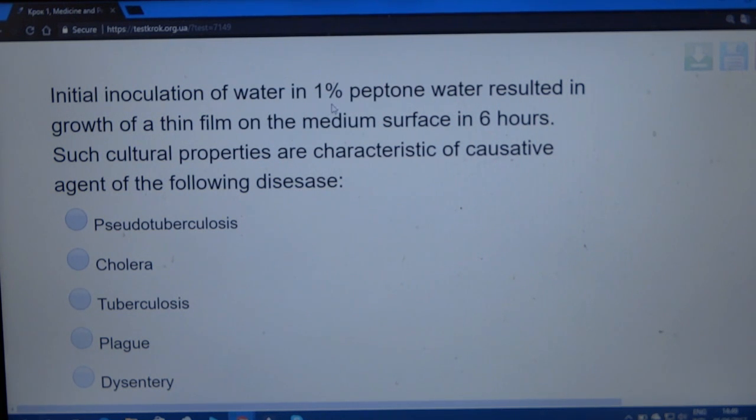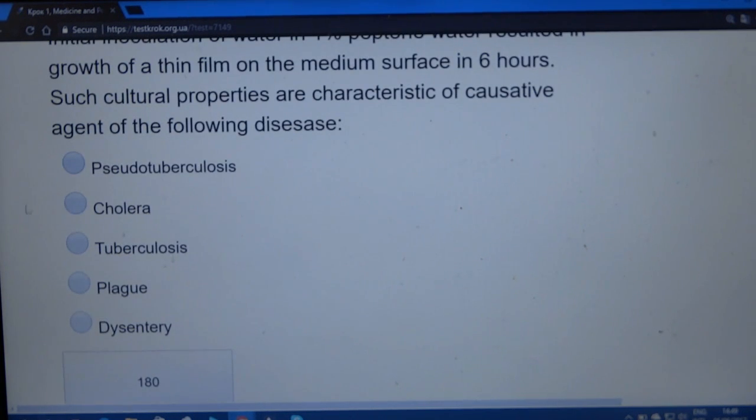So what do you think? Now 1% peptone water is actually alkaline water, where Vibrio cholerae usually grows. So it is the best medium for Vibrio cholerae to grow. Cholera, because it's just the best medium for cholera to grow.